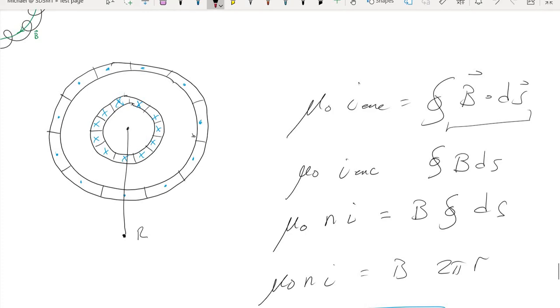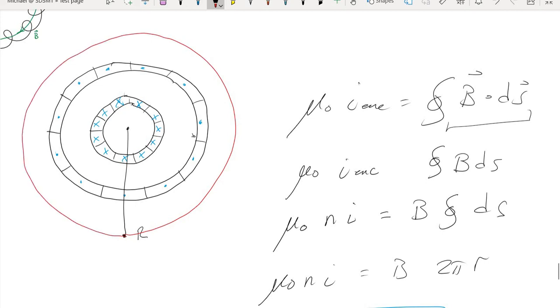If you try that, what you should note is that by enclosing the toroid with your Amperian loop, you have just enclosed equal and opposite numbers of cross-sectional currents.